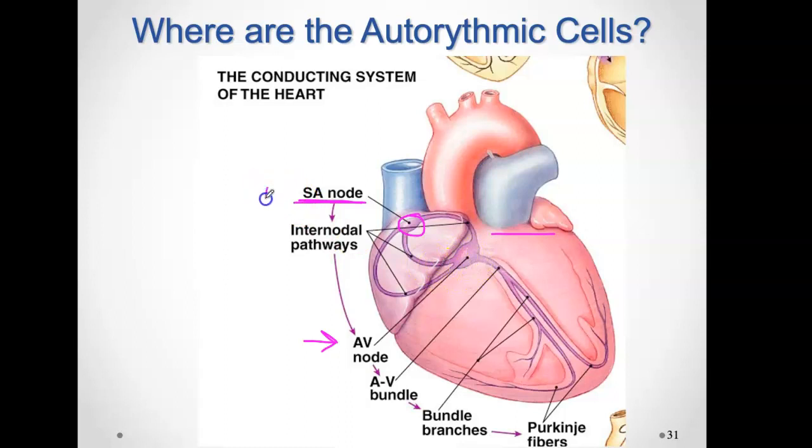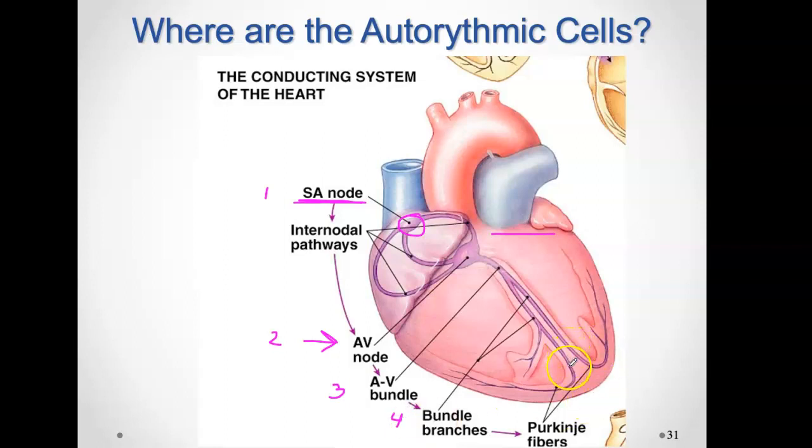I'm just going to skip the other one. So 1 and 2 to the AV node. And then it comes down the center of the heart here. So we have the AV bundle. But then notice this is just one piece, but here it branches. So once it branches, I have the bundle branches. That's 4.